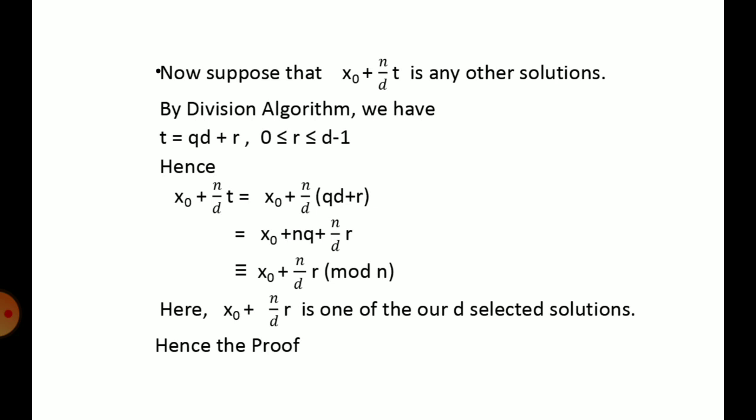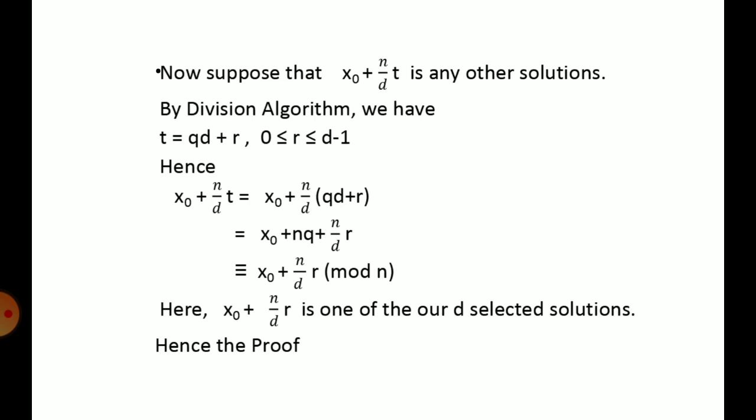That means if we consider any other solution, it is equal to one of our d selected solutions. That means we have proved that there exist d solutions, any two of these d solutions are incongruent, and also there does not exist any other solution except these d selected solutions. That means the given congruence ax is congruent to b mod n has d incongruent solutions.